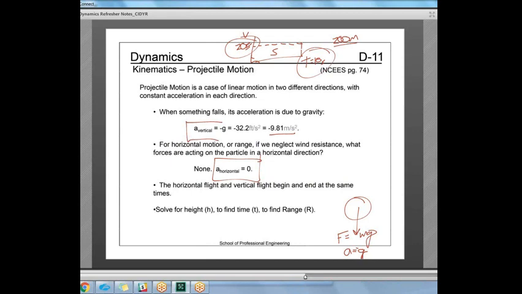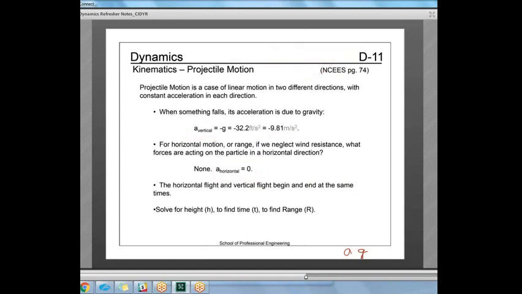So our horizontal distance covered depends only on initial velocity and time. That's pretty convenient. How much time do we have before we stop experiencing projectile motion? Well, however much time there is between launch and landing determines how long you can do that horizontal motion, and that's how far you're going to cover.